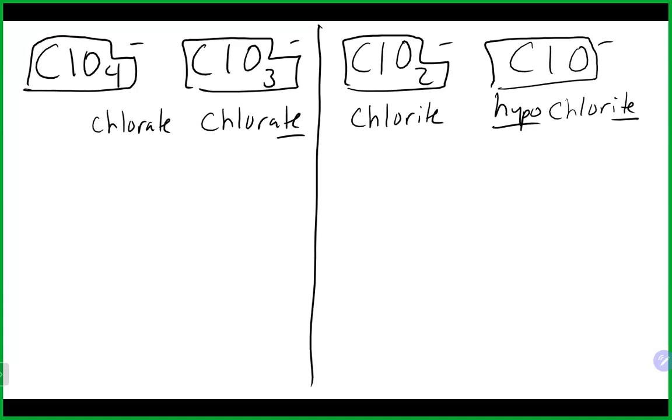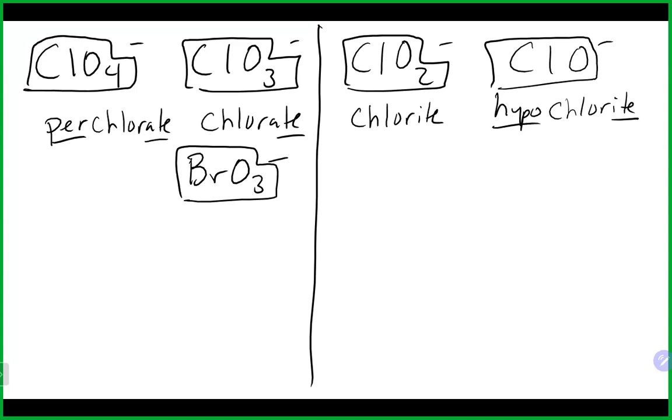So in a grouping of 4, the one with the most oxygens will also start with something different. It will start with per. So that is perchlorate, chlorate, chlorite, and hypochlorite. By the way, that Cl is what type of element? That is a halogen, right off the periodic table, which means if you had to take a guess and I swap out the chlorine for a bromine, what would that be called?